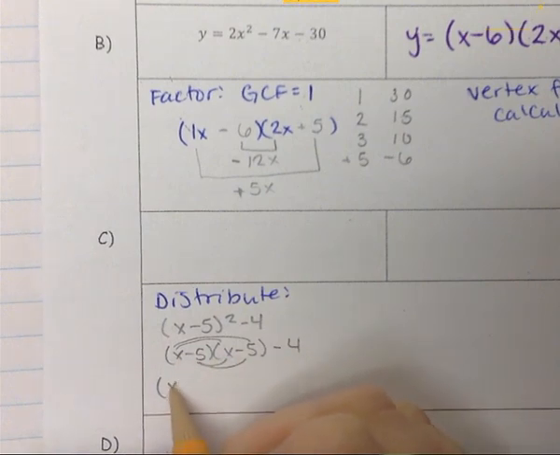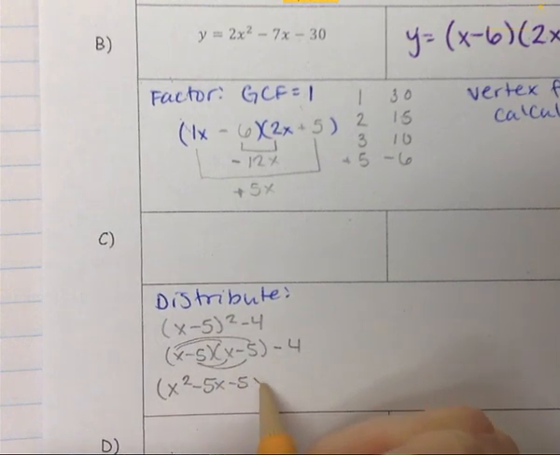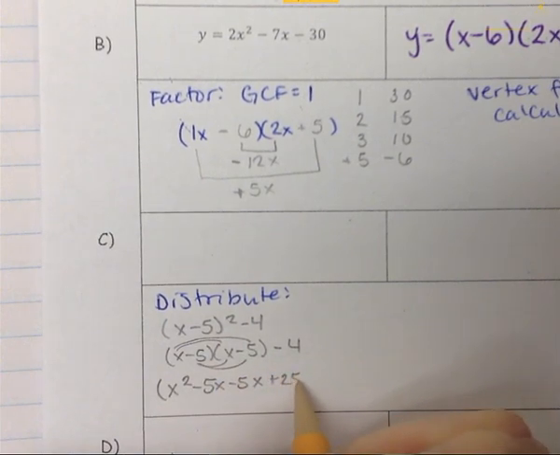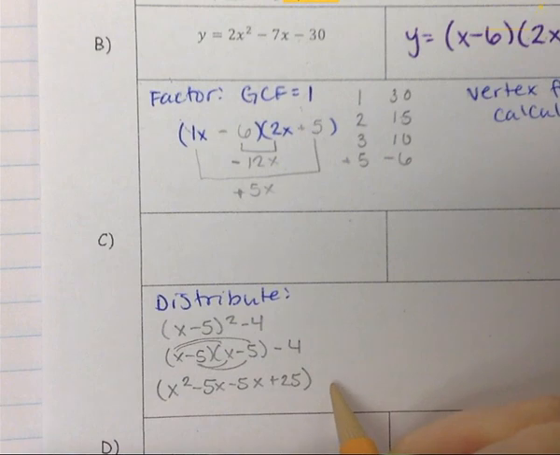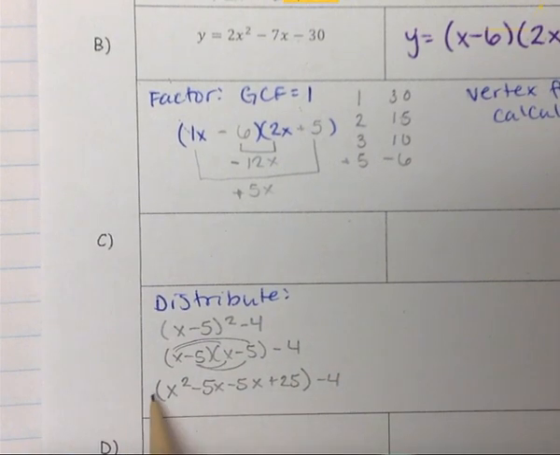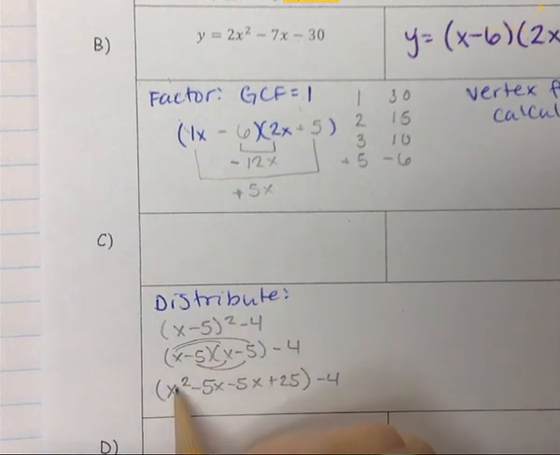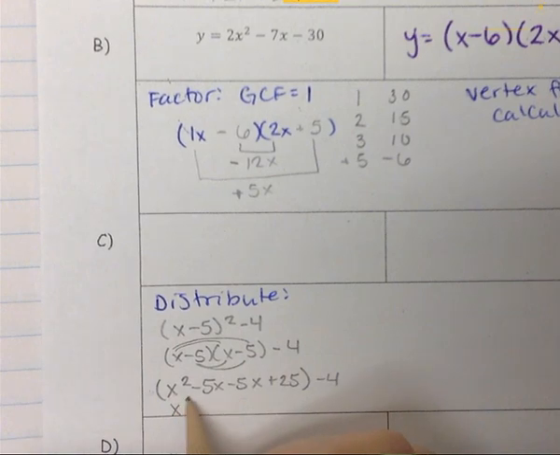So x times x is x squared. Then we have negative 5x, and then positive 25. And then on the outside, we still have that minus 4. There is nothing on the outside to distribute into the parentheses except for a 1. So 1 times all of this will get rid of the parentheses, but we can also combine some stuff. So we'll have 1 times x squared is x squared, but we have negative 5x and negative 5x.